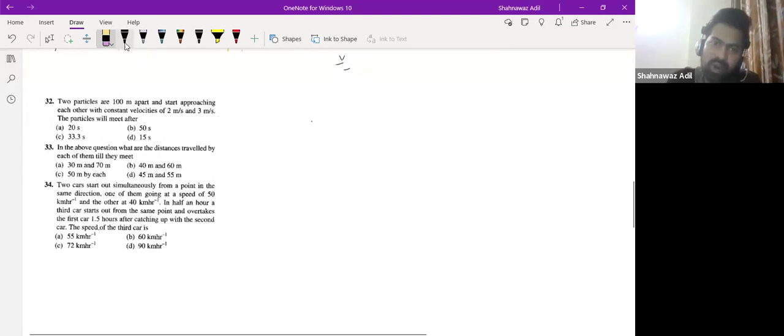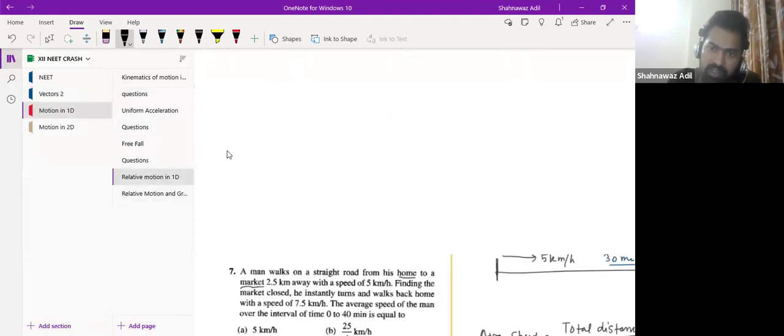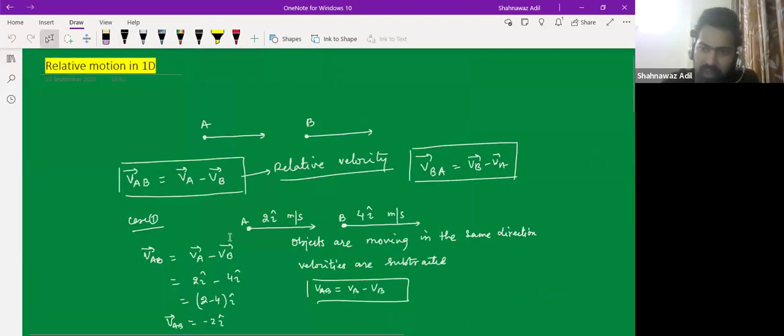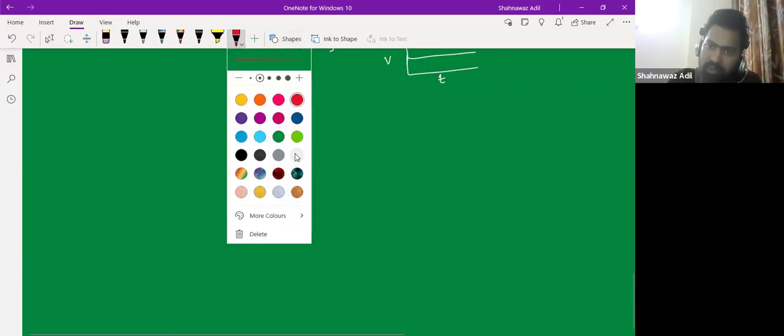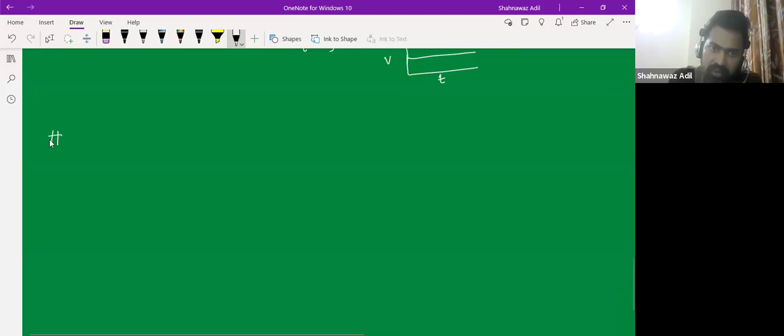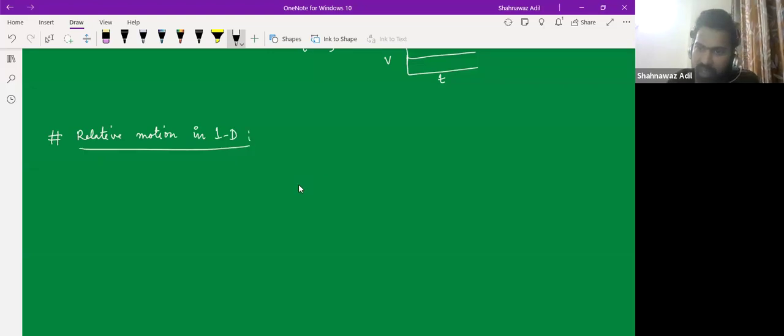Whenever you have two objects which are moving, right? So what is the relative motion? So relative motion is defined like this. So relative motion in 1D. So let's say we have this one-dimensional path, right?